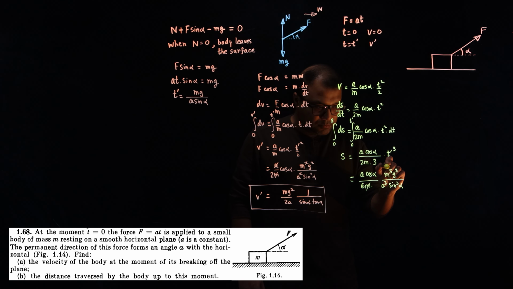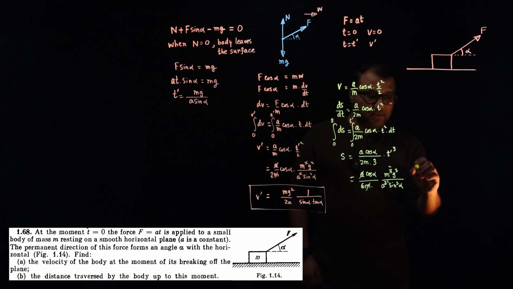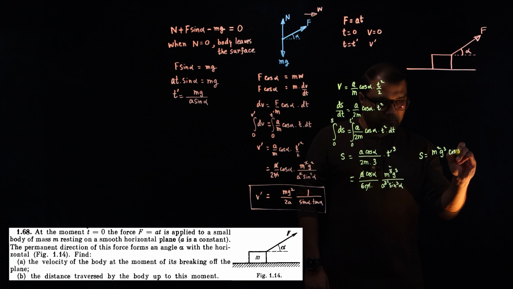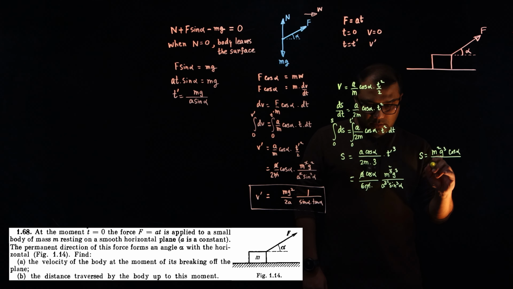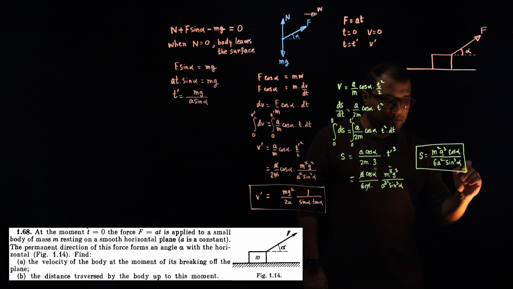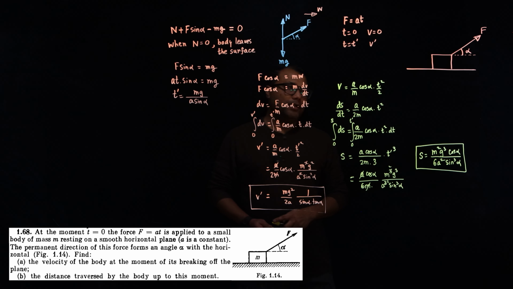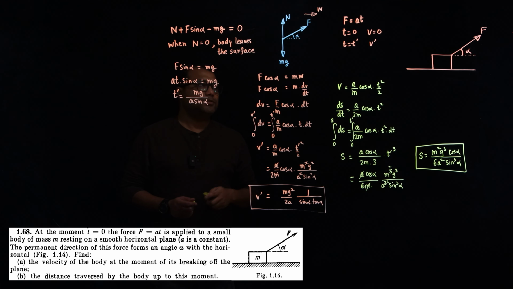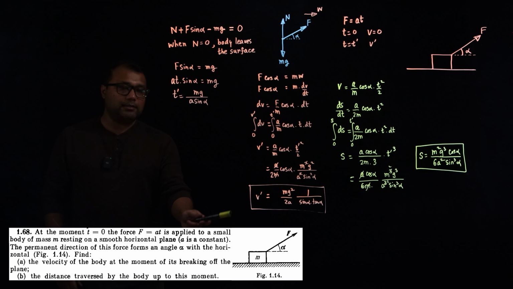So m square A square. Let me write the result here: s equals m square g cube cos alpha by 6A square sine cube alpha. So that's the total distance traveled from the beginning of motion up until the mass leaves the surface. Okay, so that is our solution.